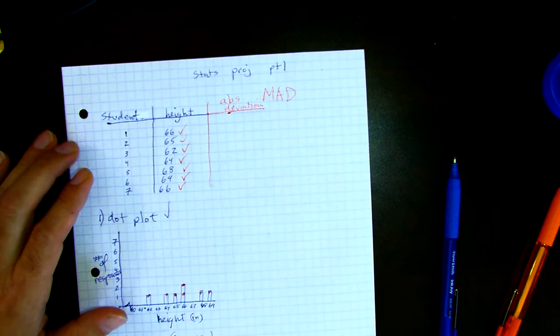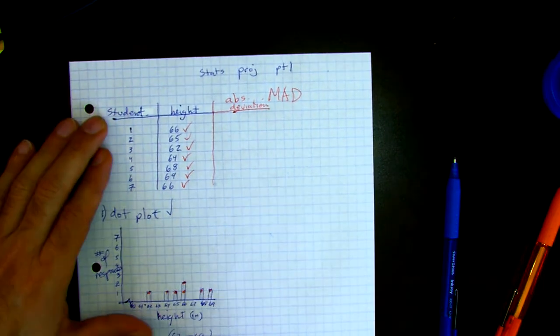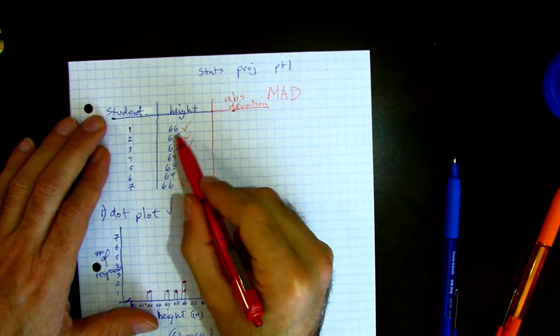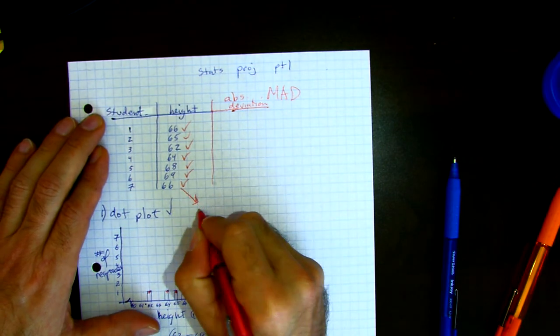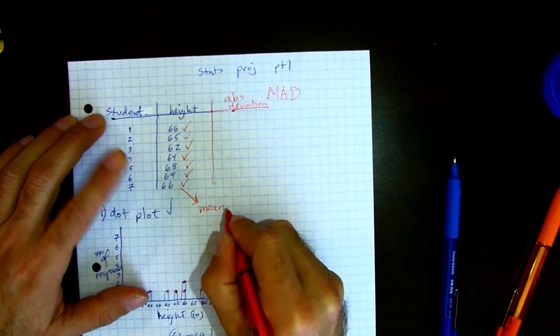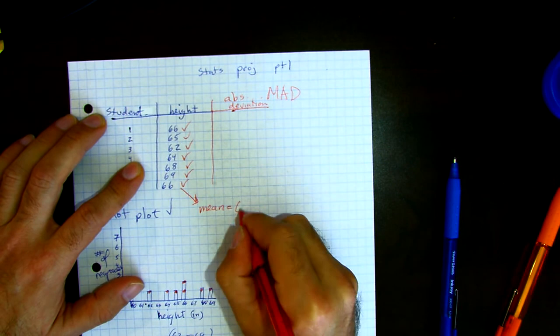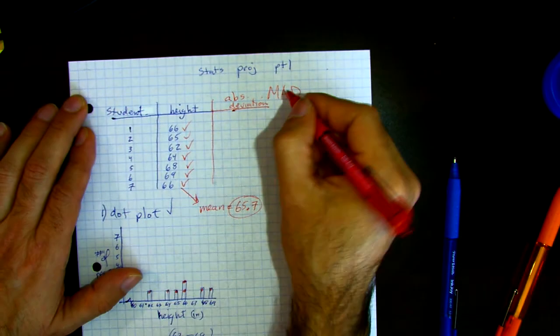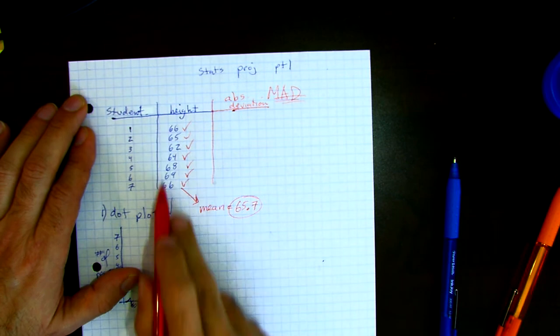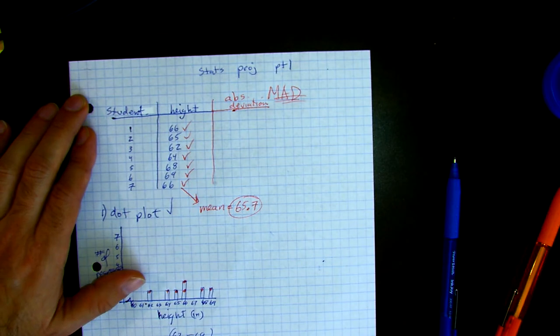So look what we're doing right now. We have our data points, and we're comparing each data point to the mean of all the data. So I have to find the mean first. I already did this. The mean was 65.7. So the first step when you're finding the MAD is to find the mean of the data points.